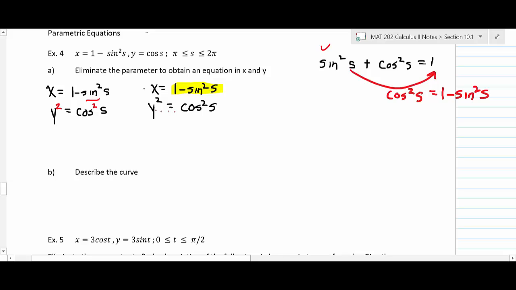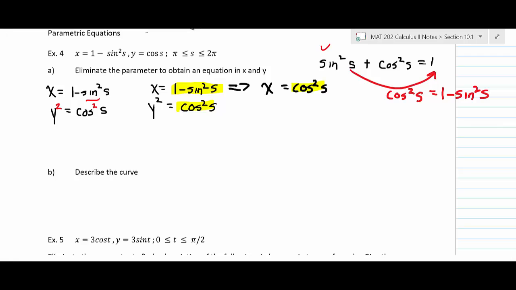So that means the first equation is going to become this. We're just going to change that to x equals cosine squared s. Now, those two things are equal, right? So what you would be doing is a substitution.